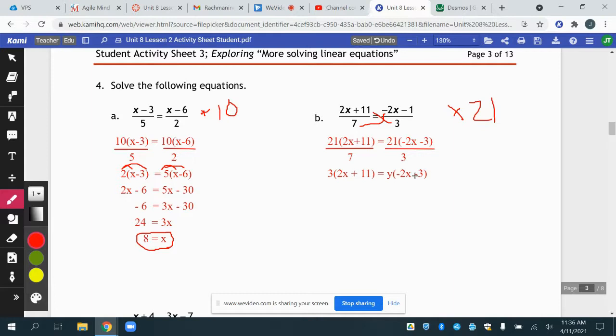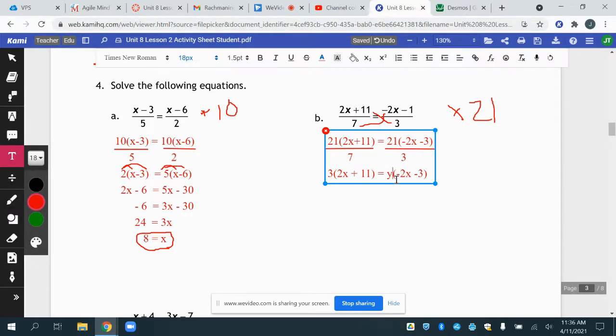That's what just happened here. Notice I just multiplied 7 times this and 3 times that. That's what ends up happening, and we said that was a rule that could work. So cross multiplication is also perfectly okay. I'm just trying to coach you on ways to get rid of fractions if you ever get stumped.